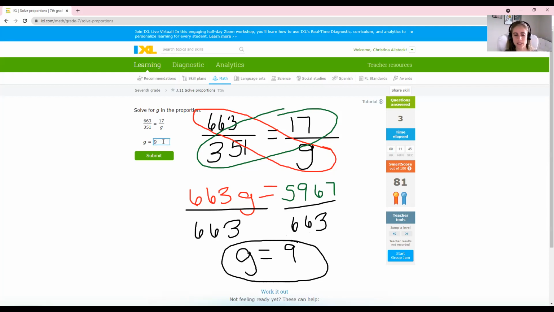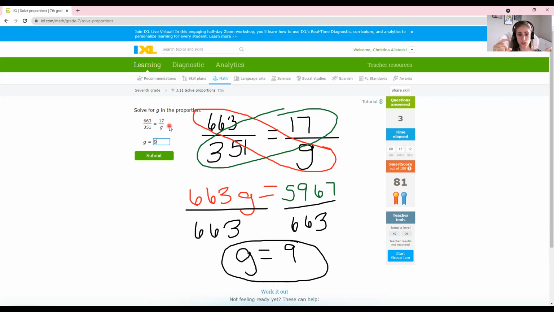Now let's talk about something real quick. I want to look at my answer here and see if that makes sense. Because I have a pretty large fraction here. And notice that it's an improper fraction. Your numerator, so the 663, is larger than the denominator. Well, if I know they're a proportion, if I know they're equal, that means when I get my answer, it should be set up the same.